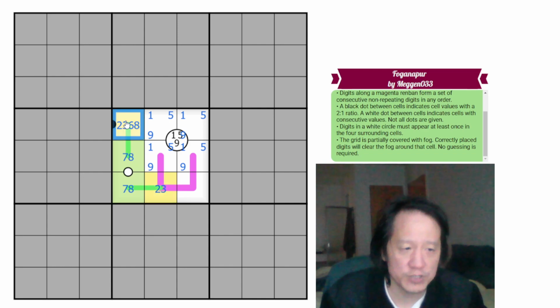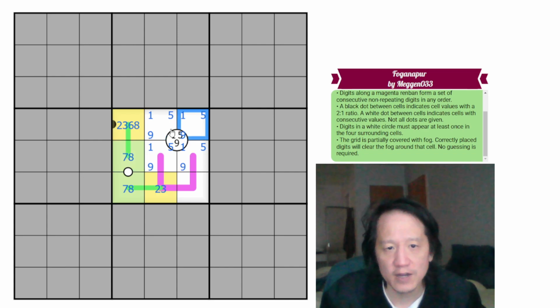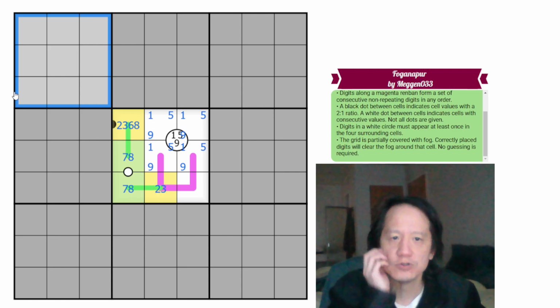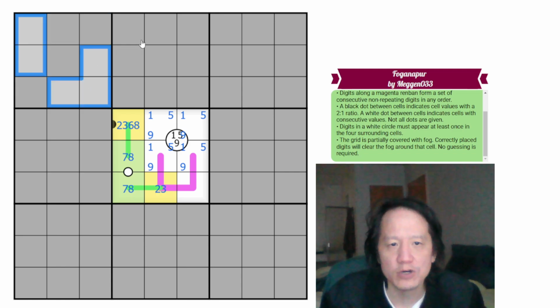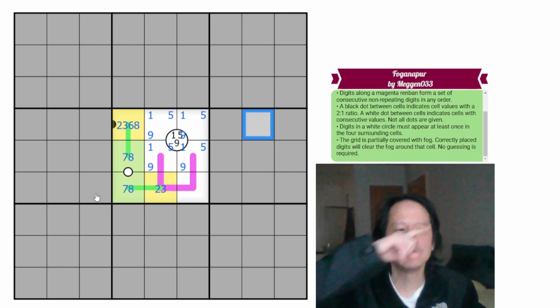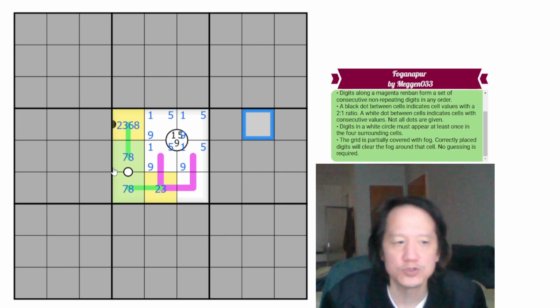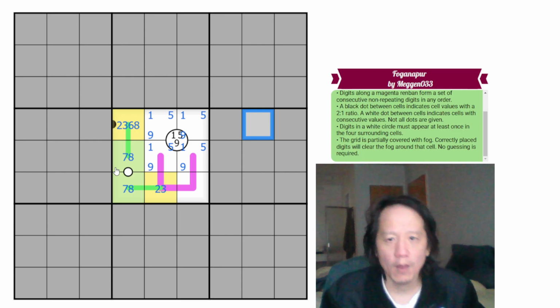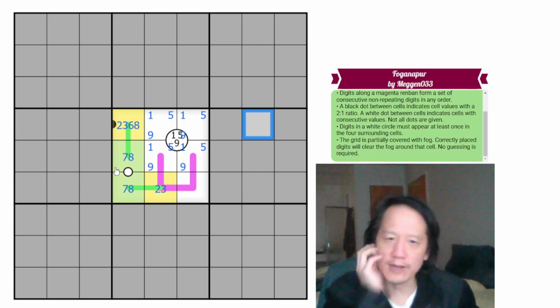Now, if this was high, this can't be 6, because if it were 6, it would have to be with a 1. And 1 we know in box 5 has to be one of those 4 cells. In variant Sudoku, well, actually just in Sudoku in general, we say this is box 1, this is box 2, this is box 3, 4, 5, 6, because that's how most Westerners usually read language and numbers.